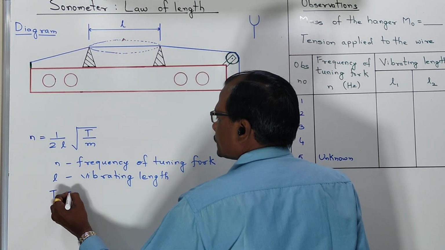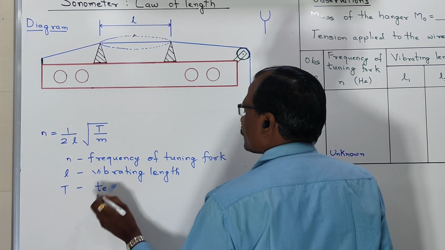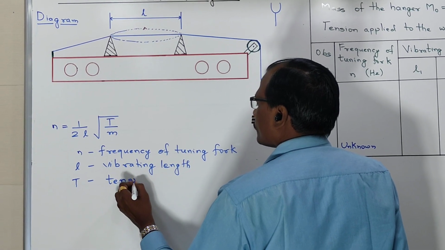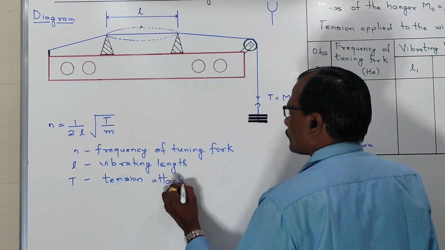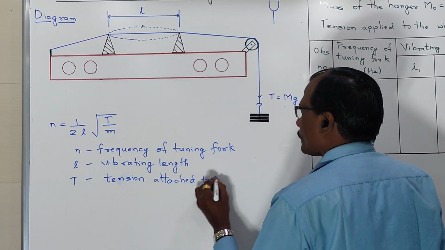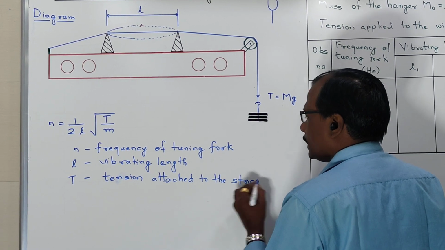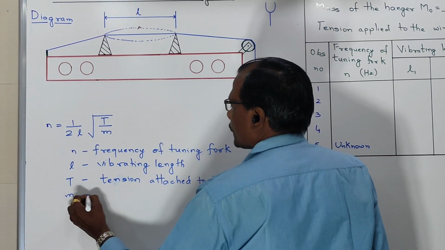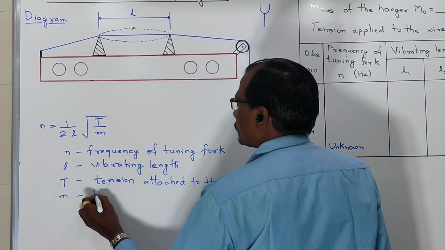T represents the tension attached to the string, and small m represents the linear density of the string.